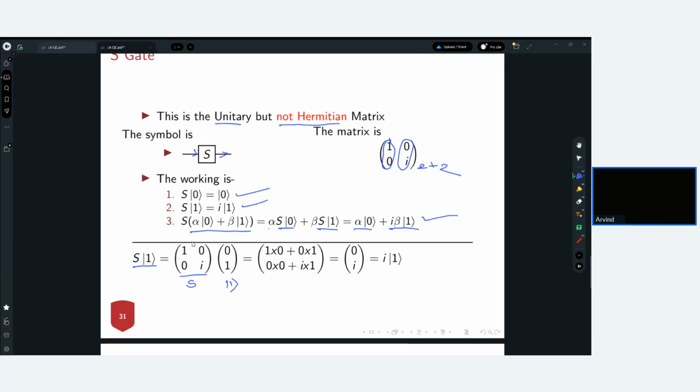And do the matrix multiplication, first applying the first row. 1 multiplied by 0 becomes 0, 0 multiplied by 1 becomes 0. Then do the second row multiplication. 0 multiplied by 0 becomes 0, and i times 1 becomes i. So this is simplified like this, 0 i, and this is the vector representation of i times ket 1.